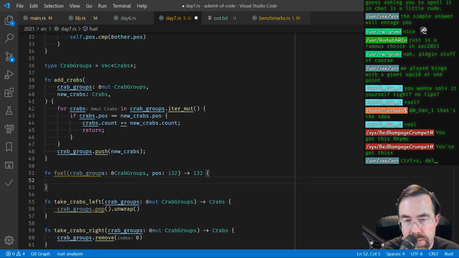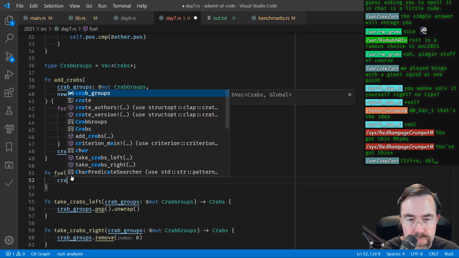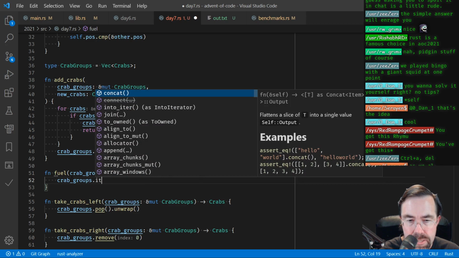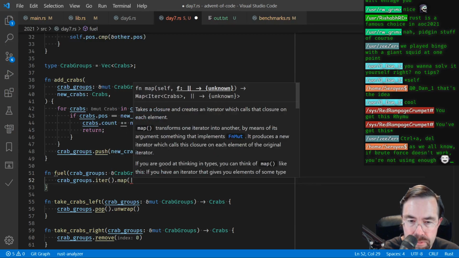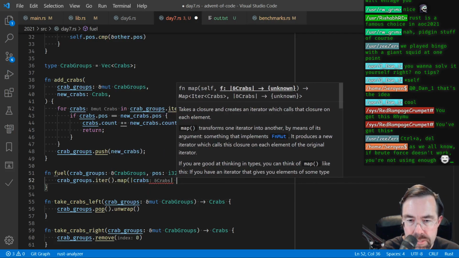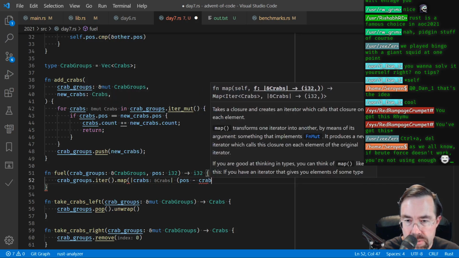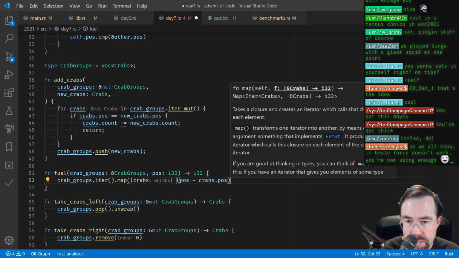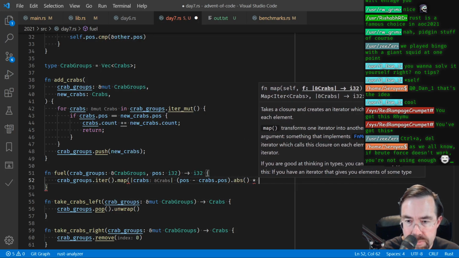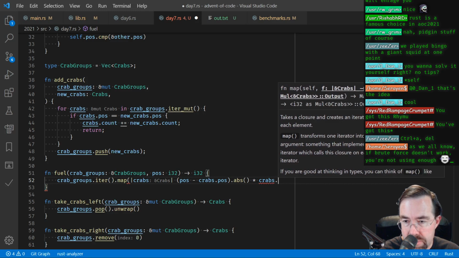All right, so then if we want to calculate the fuel, we're just going to iterate. So crab groups, iter map crabs. It will be the absolute value of the position minus the crab's position times the number of crabs.